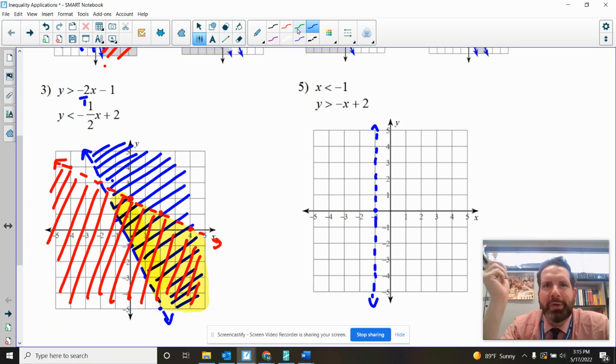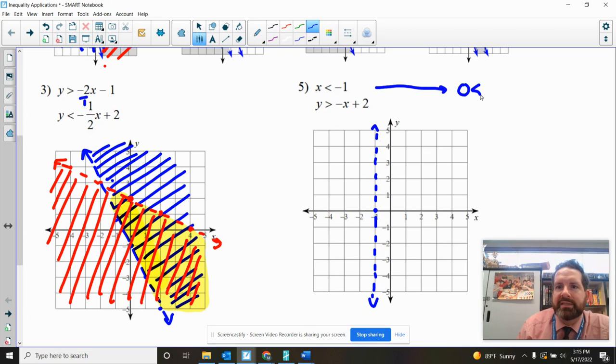So how do you tell which side should get the shading? Pick a test point. Pick a test point of 0, 0, and let's test this first inequality. If I put a 0 in for the x, I'd put a 0 in for the y if there was a y, but there's not. So we just now need to see, is this a true statement or a false statement? Is 0 less than negative 1?